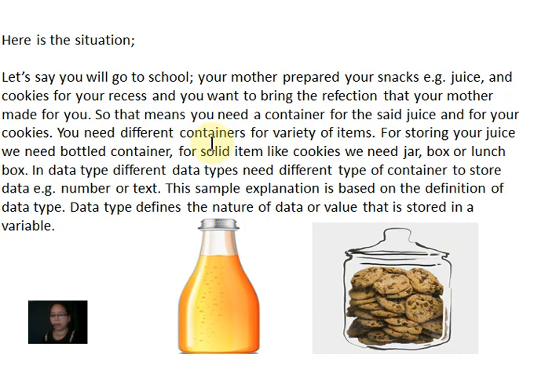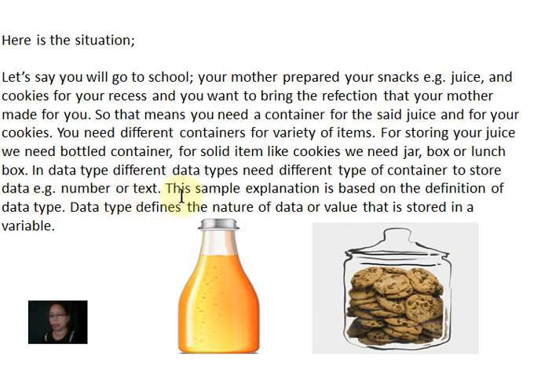You need different containers for a variety of items. For storing your juice, we need a bottled container. For solid items like cookies, we need a jar, box, or lunch box. In data type, different data types need different types of container to store data such as number or text.